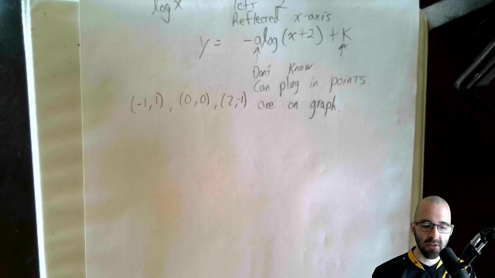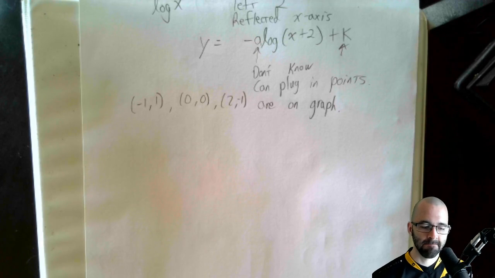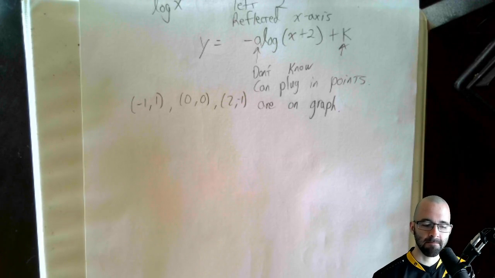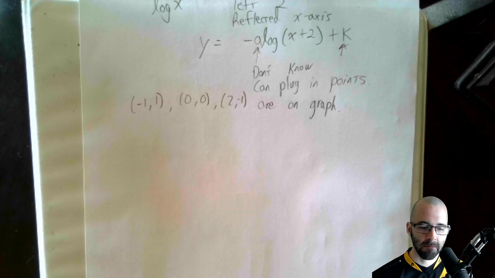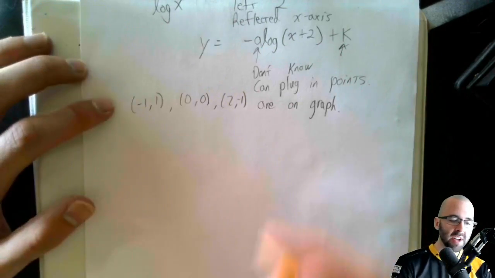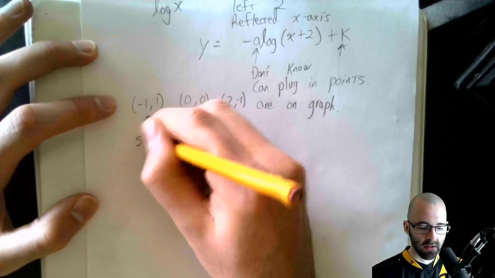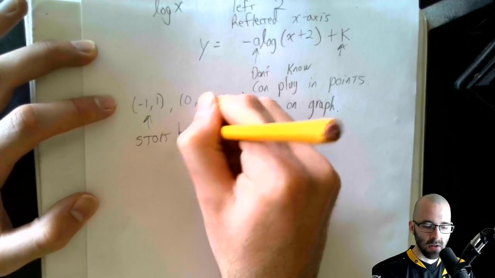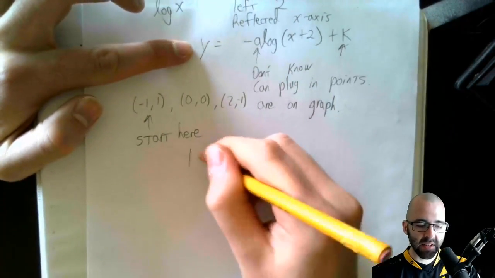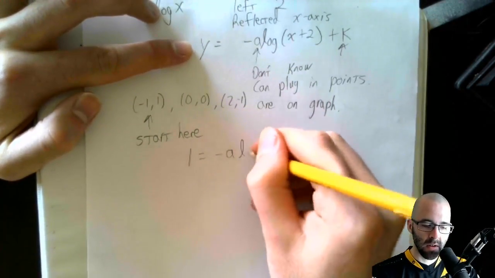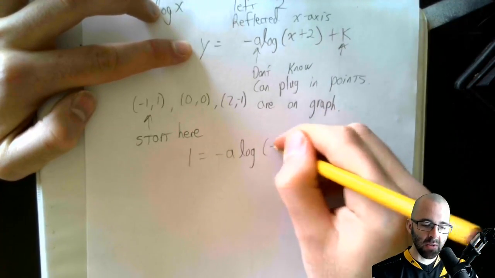Is there a vertical shift? Let's find out. Use some of these points. All right. So let's plug in (-1, 1). Then y is 1, and x is -1.